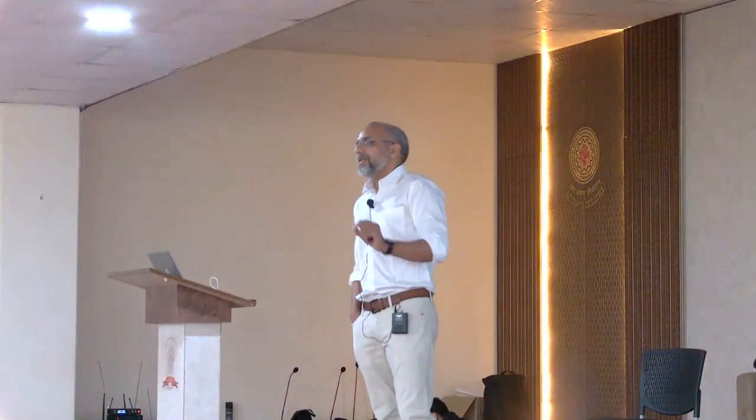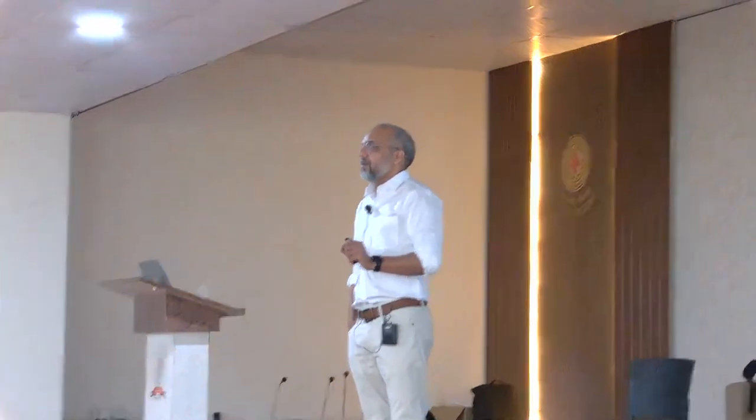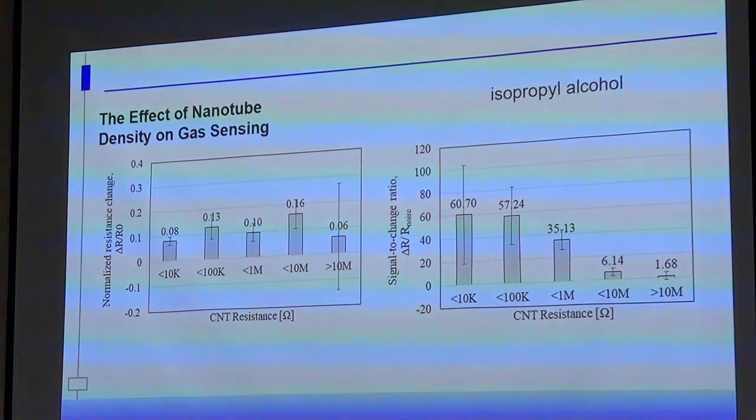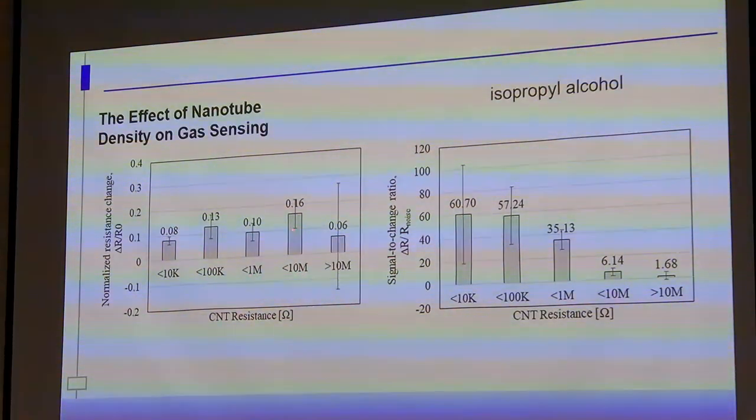And when these networks were examined for sensing application, just simply to check the impact of this resistivity on sensing, you can see this is less than 10K, this is less than 100K, this is less than 1 mega ohm, this is 10 mega ohm. This shows a relatively higher response compared to the other samples.